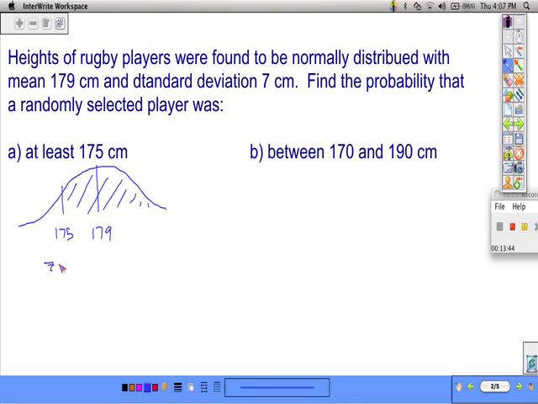And doing that, we would take 175 minus 179 and divide by 7. And once we have the z-score, we can go to the table, and the table will tell us what the area of this tail is. And when we look that up, we find the area is 0.384.